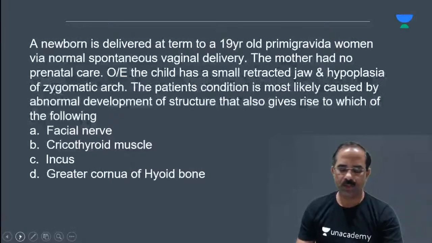The mother had no prenatal care. On examination, the child has a small retracted jaw and hypoplasia of the zygomatic arch. The patient's condition is most likely caused by abnormal development of a structure that also gives rise to the following. What do you say? Students, answer.